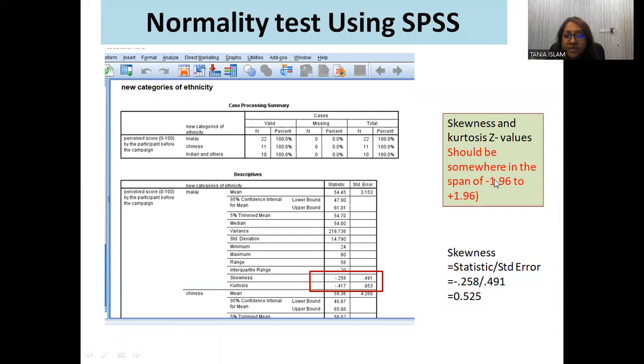I assume this is within the range. For kurtosis, I will do the same, statistic divided by standard error. And then if the number is between these two range values, we can say data is actually normally distributed. This is the first rule, okay.